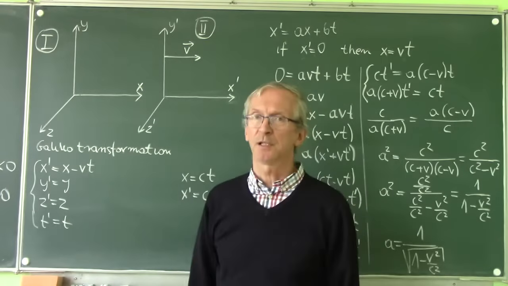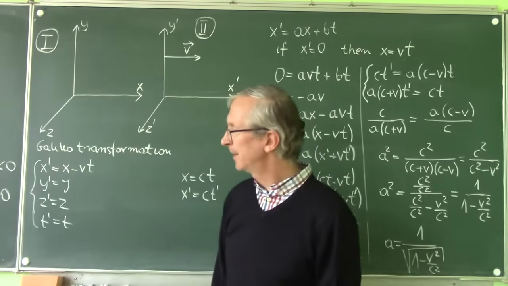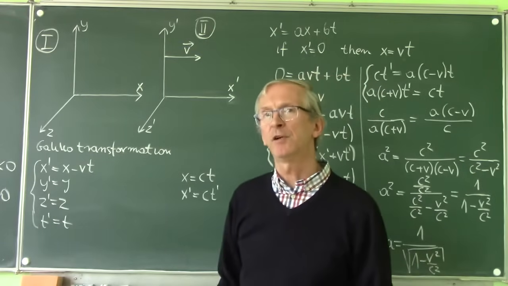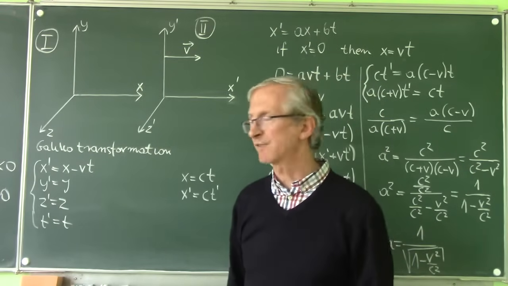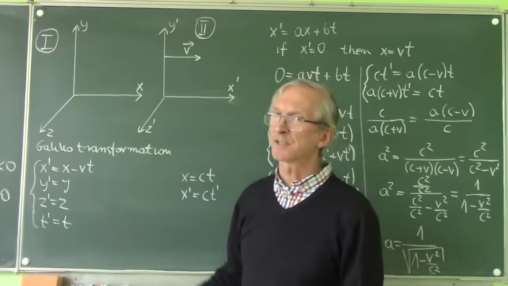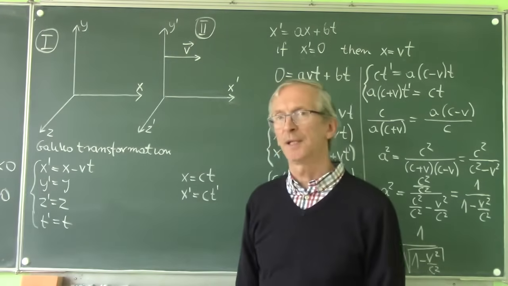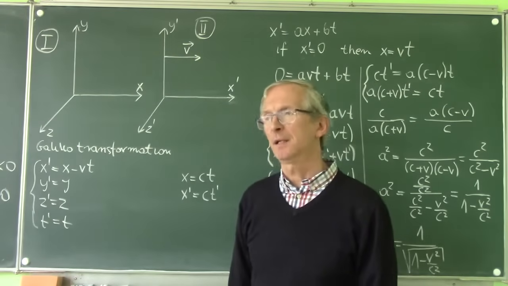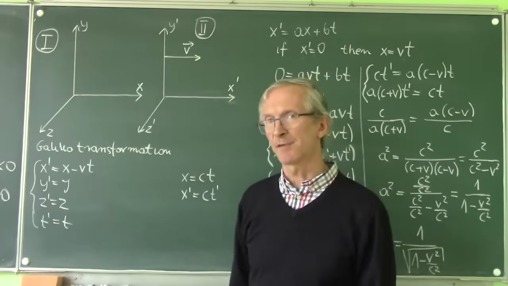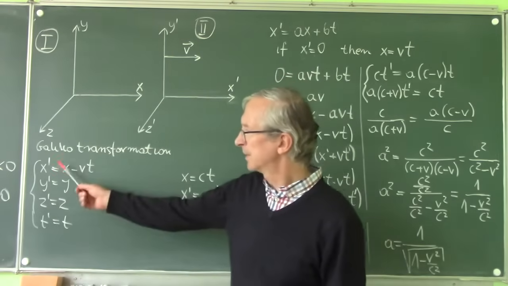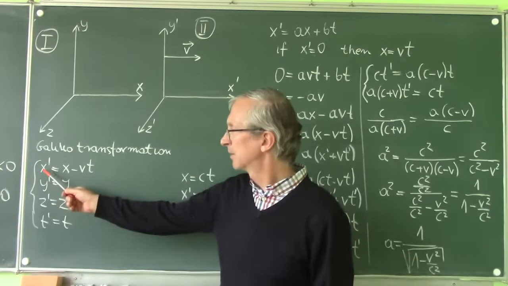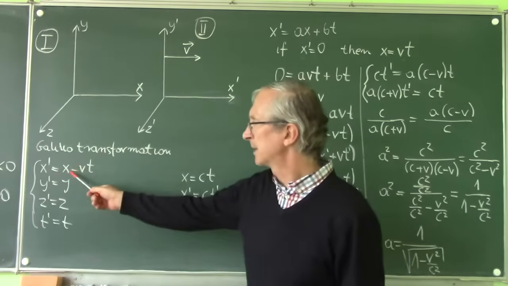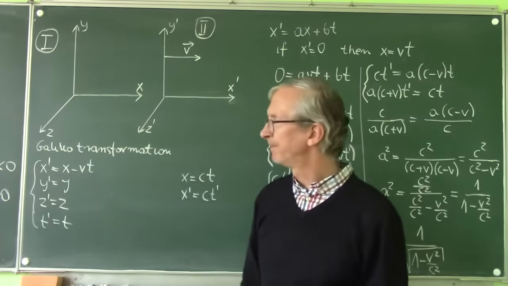Galileo transformation is not true, but it helps us to foresee the form of the real transformation. We see that spatial coordinate x dash depends on x and t linearly.